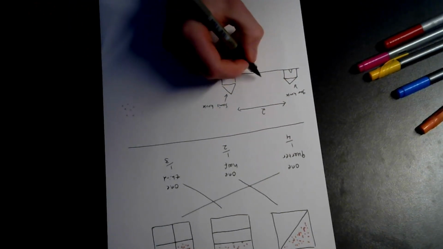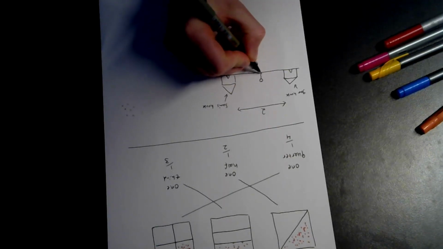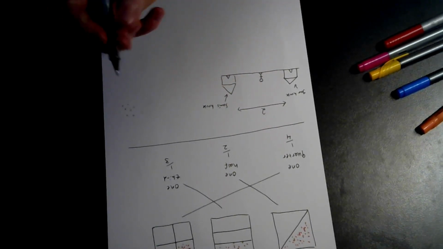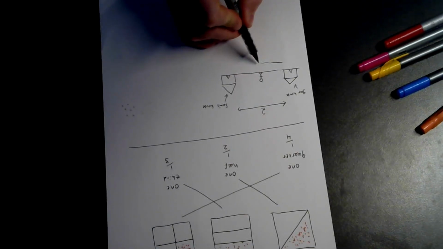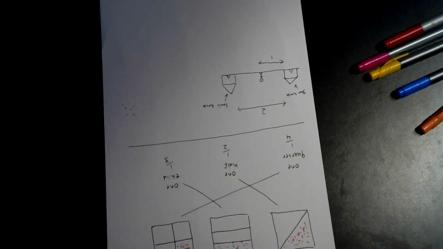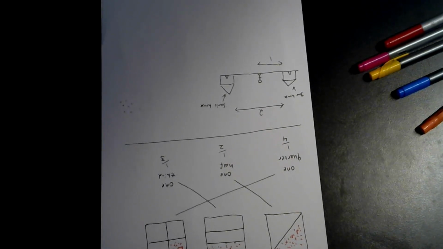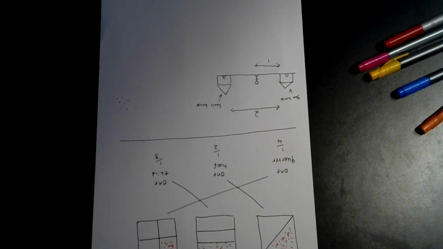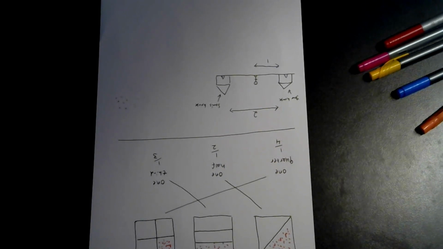And currently you are here, which is 1 mile away. And the question is, what fraction of the distance have you covered so far? Either in words or just as written as a fraction. What can you tell me?